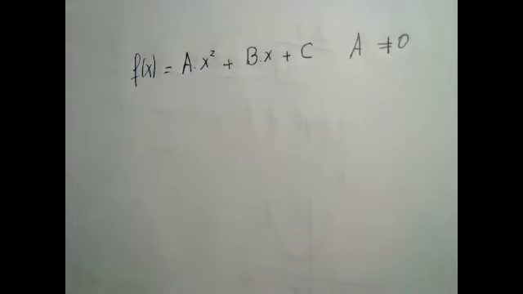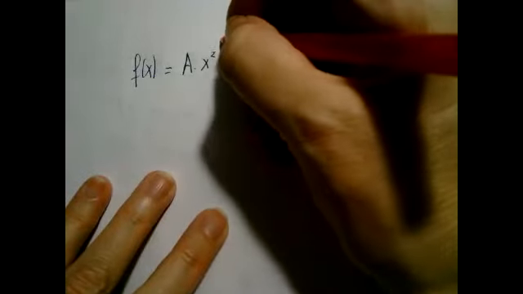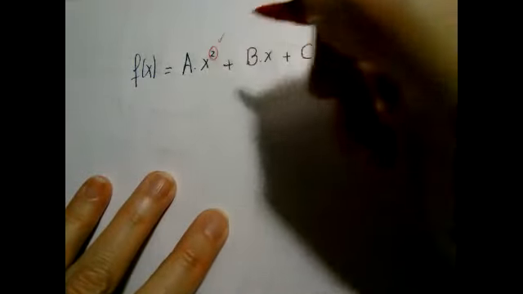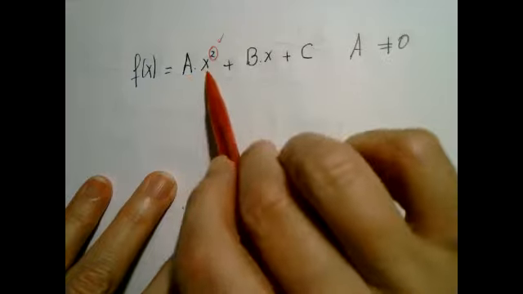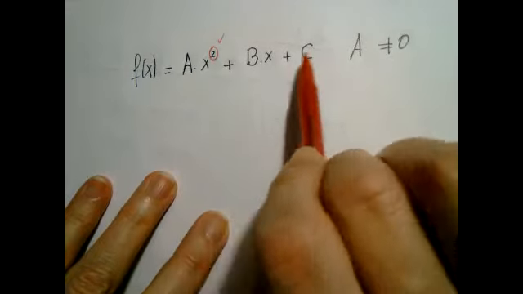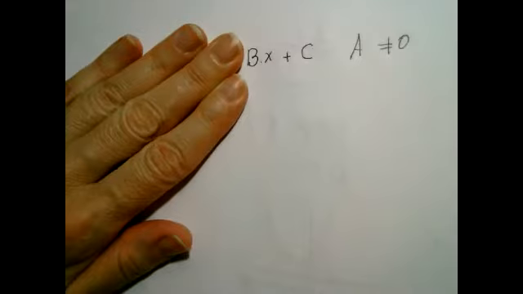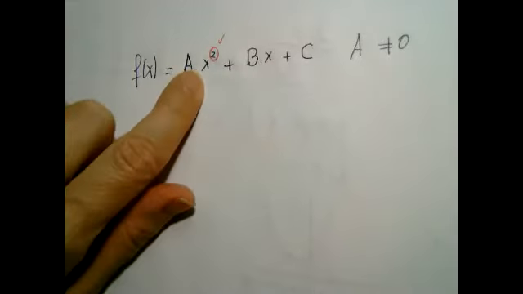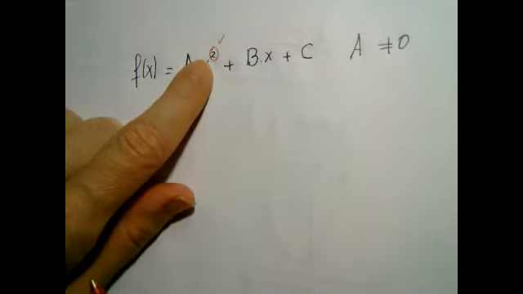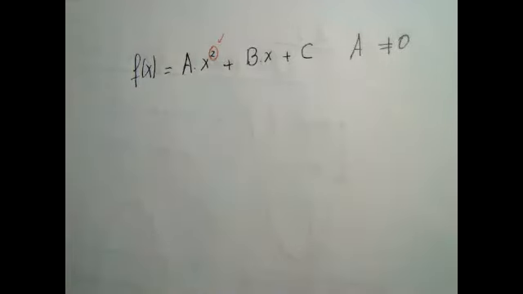So quadratic functions are functions where the highest power of x is equal to 2. The quadratic is ax squared plus bx plus c. Linear is bx plus c. So with quadratic, we're going 1 degree higher, where a is a number which is different from 0.